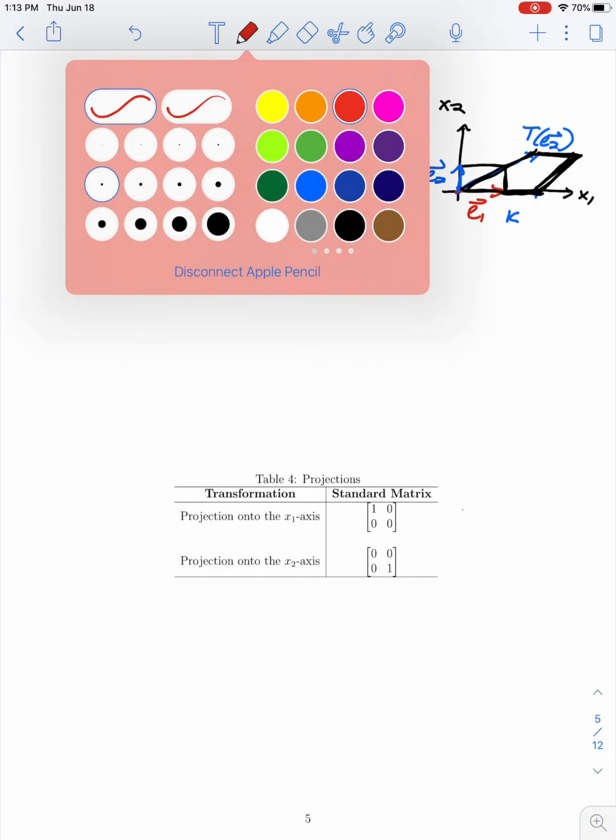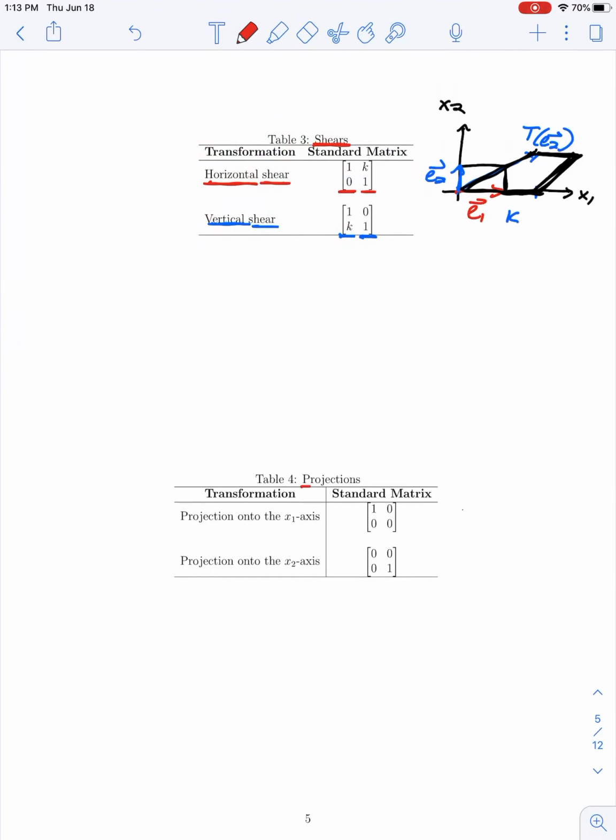And in our last table, we'll discuss the standard matrix for projections. So we'll start with a projection onto the x1 axis, where we take the image of the vector E1 onto itself, and the image of E2 onto the 0 vector. So let's see how this works.